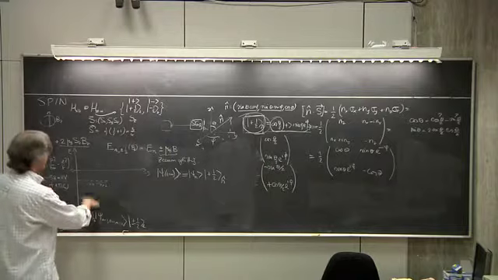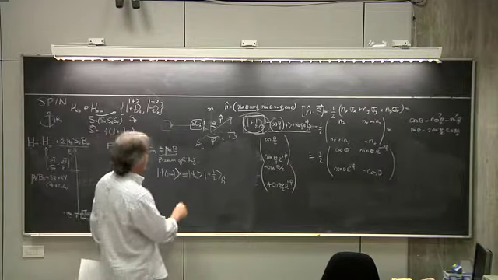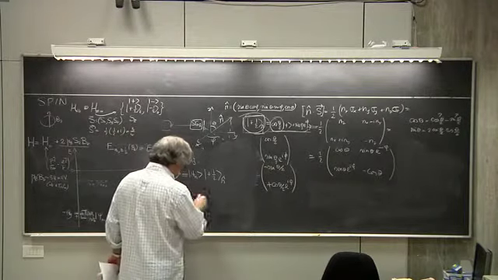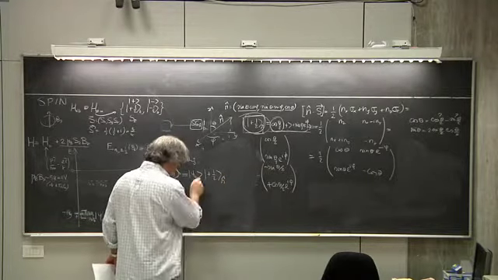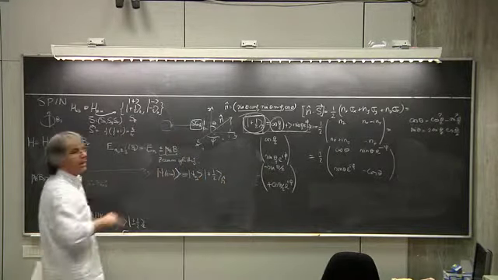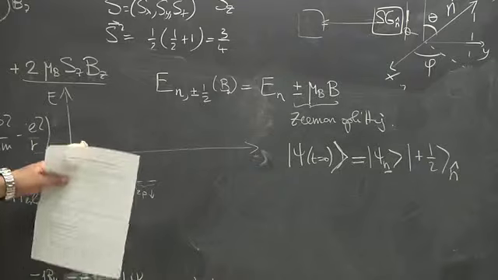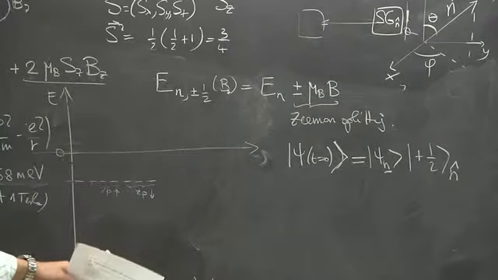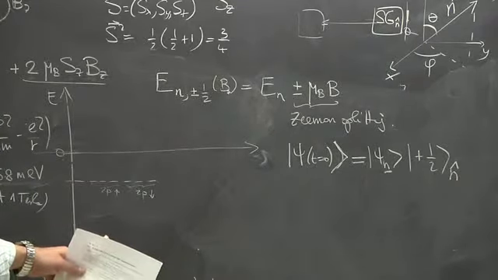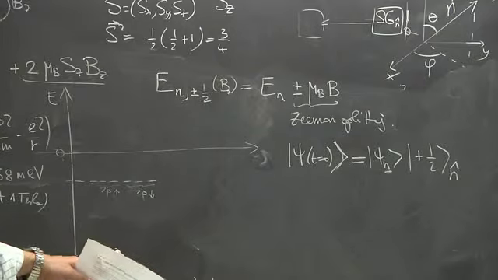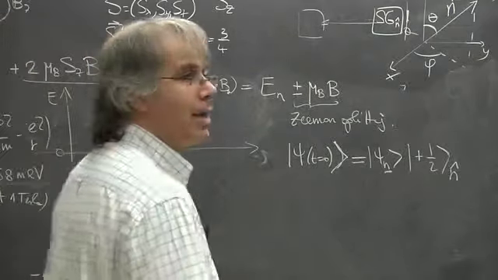This is some eigenstate here. Any other letter? Okay, let me put just n with the underline. Hopefully this doesn't confuse you. So it's some excited state of the atom. Any other letter you like?